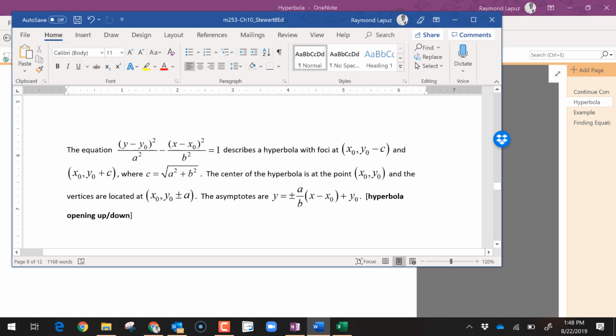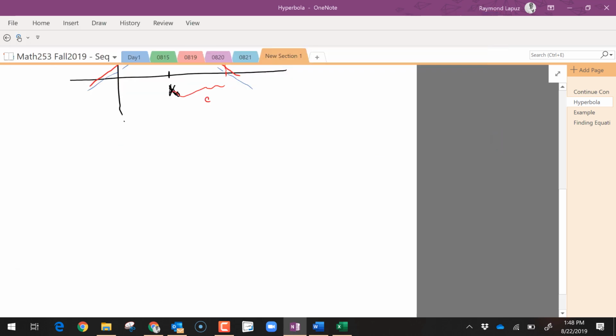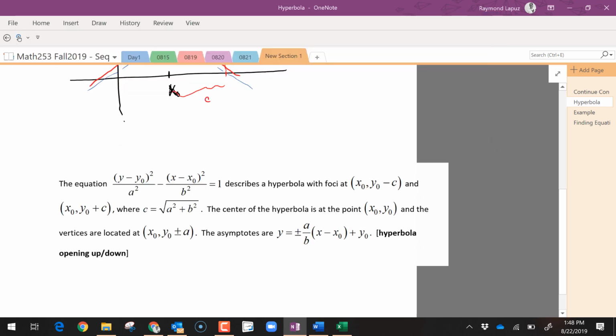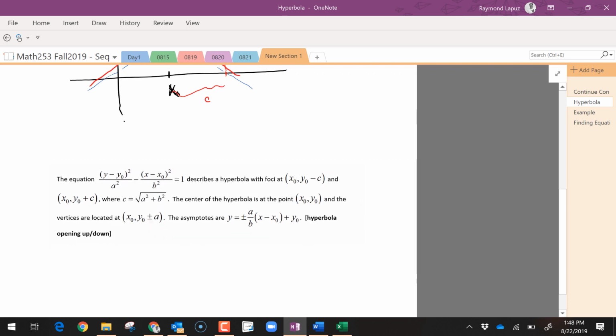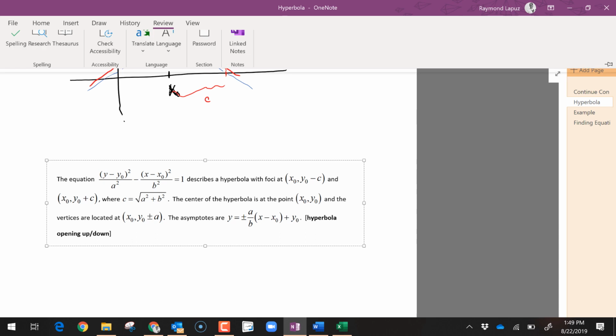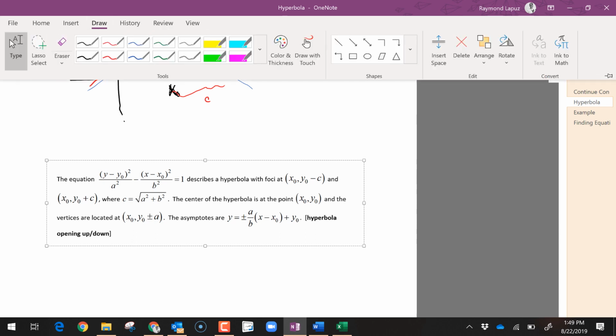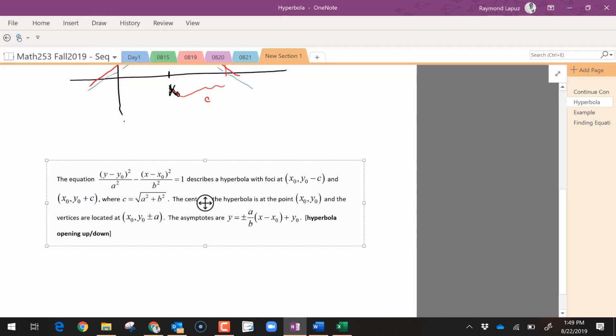For the hyperbola opening up and down, oh, see, I don't like this. They changed the a and the b. I think I have to rewrite my notes. So let me do some fixing here, and then we'll take a look at your question again.